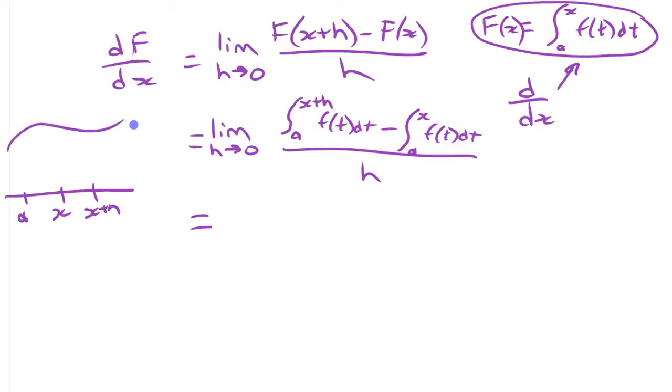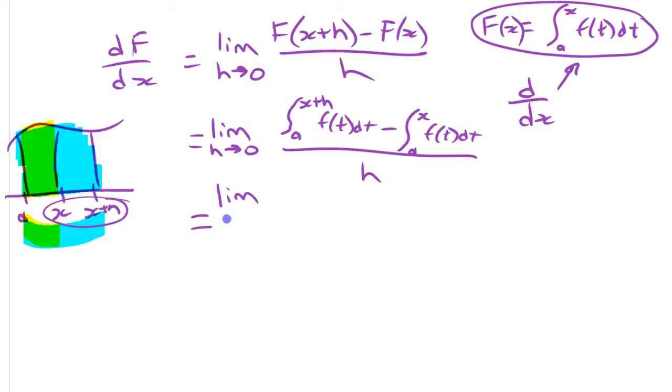If you had just any old integral here and you had the area under the curve, one of the integrals is a to x, the other one is a to x plus h. If you're subtracting the blue minus the green, all the way there, take away this part, the part you have left is that blue part, and that you can write as the integral from x to x plus h.